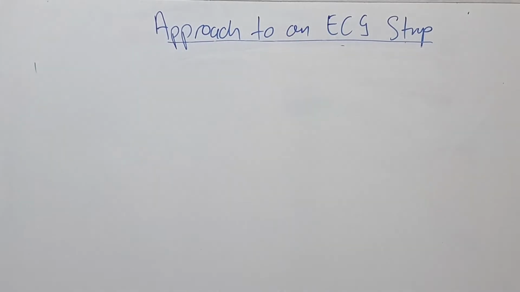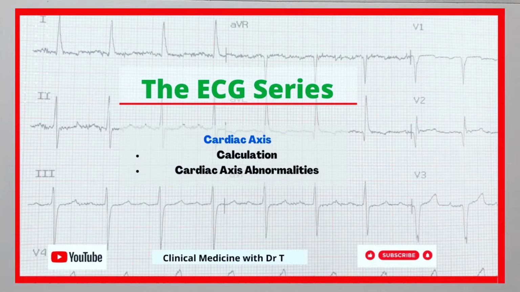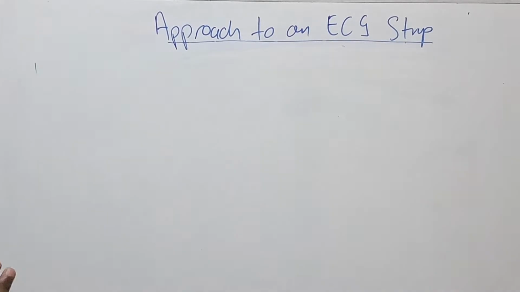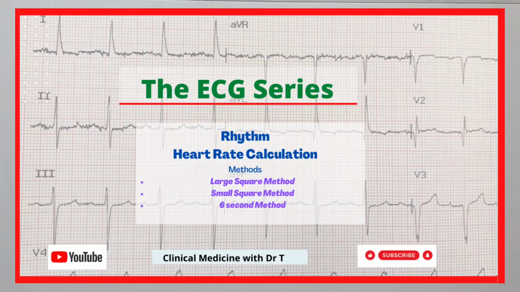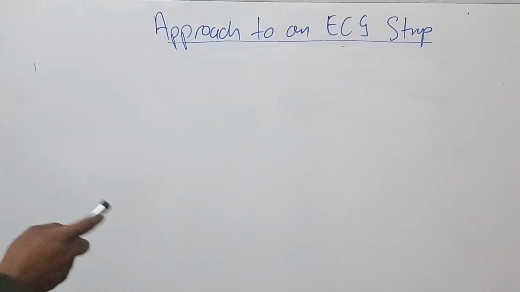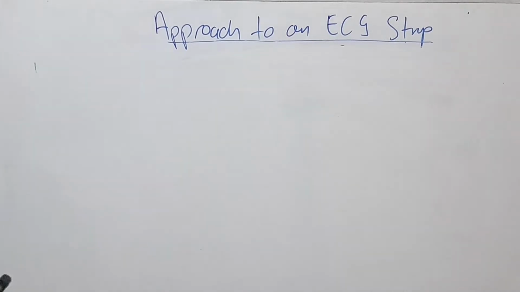Then we did determining cardiac axis, and now we're going to be doing the rate. This is going to be part 2 of how to calculate the heart rate of a patient from the ECG strip. We're continuing from there.